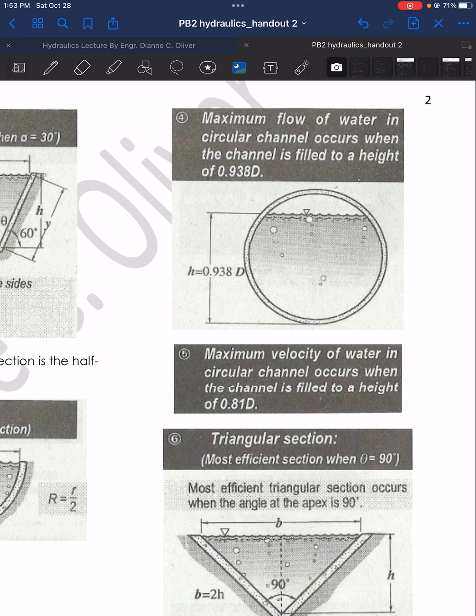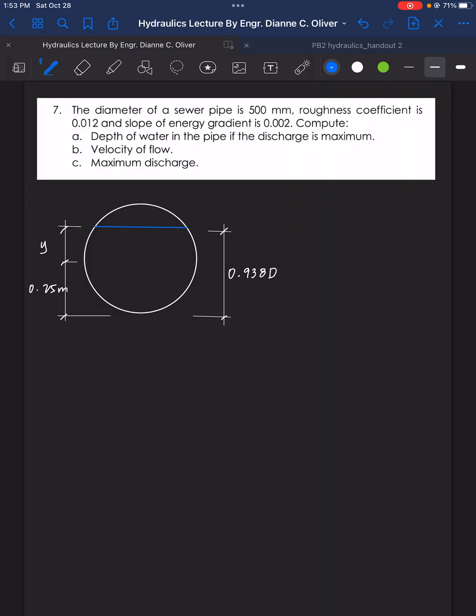For maximum flow of water in a circular channel, it occurs when the channel is filled to a height of 0.938 of the diameter. So H is equal to 0.938 the diameter for maximum flow of water. That is for letter A.